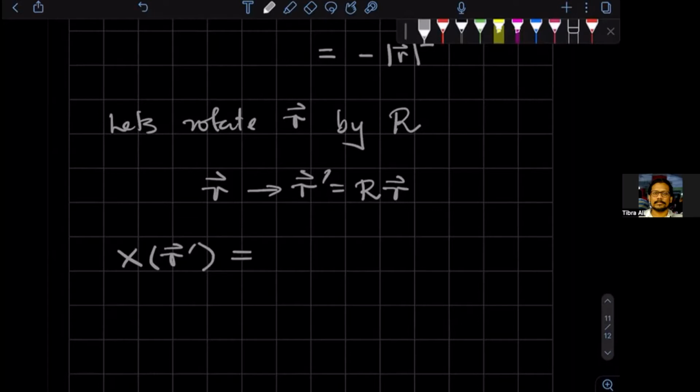So according to the definition of X, X of R prime is given by X prime sigma 1, Y prime sigma 2, plus Z prime sigma 3. Right?